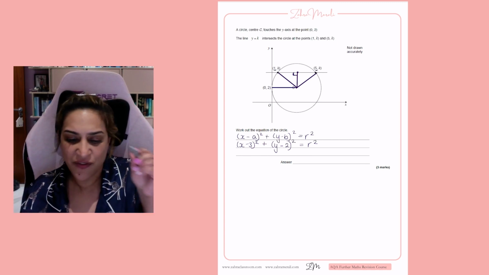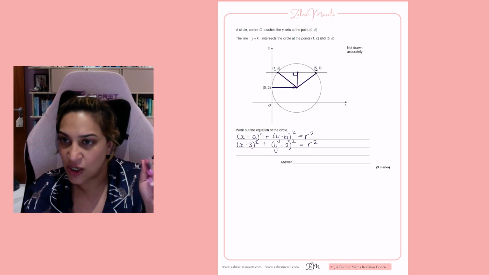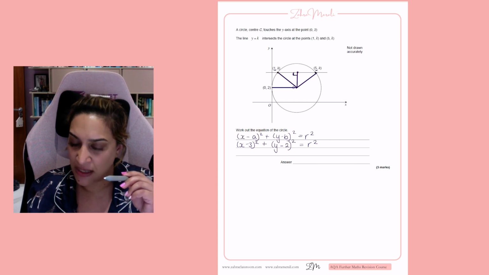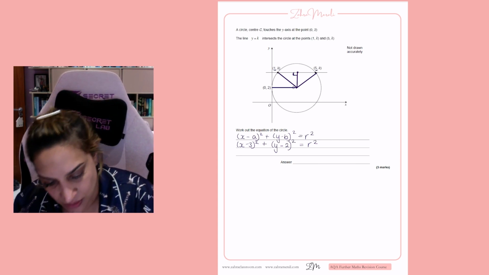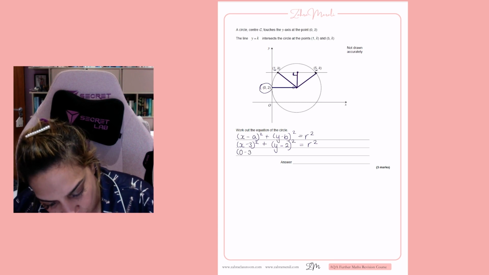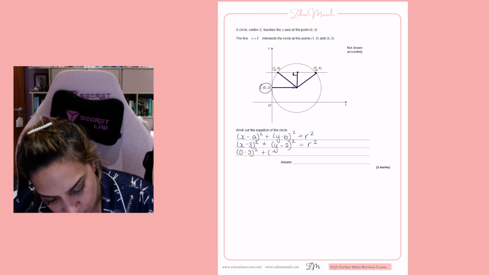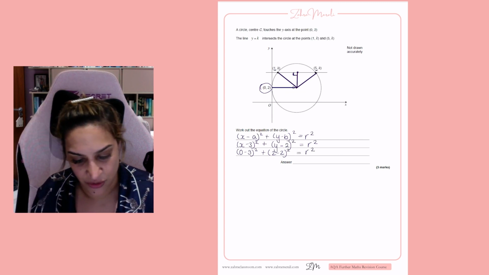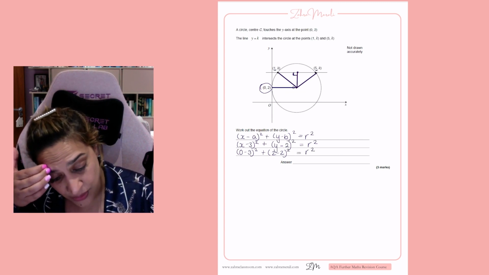Remember, every point along the circle satisfies that equation. So I'm going to substitute this point in. I get (0 minus 3) squared plus (2 minus 2) squared equals r squared, so r squared equals 9.